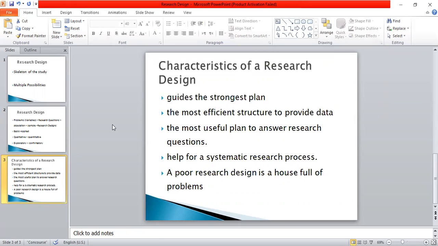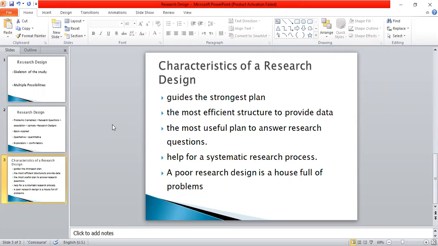I mean, how will you collect your data and what type of methods will you use. The third thing is that this is the most useful plan to answer research questions. Research questions are basically the backbone of research. So how will you find the answers to your research questions?